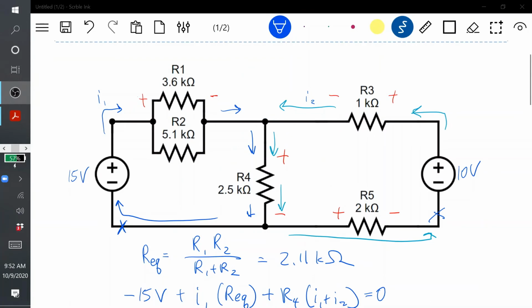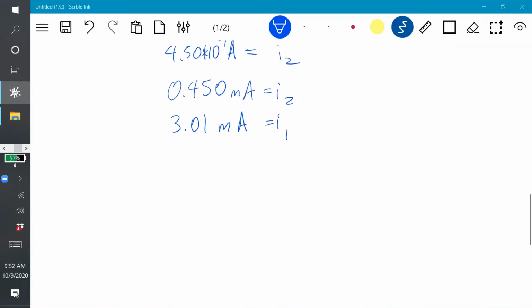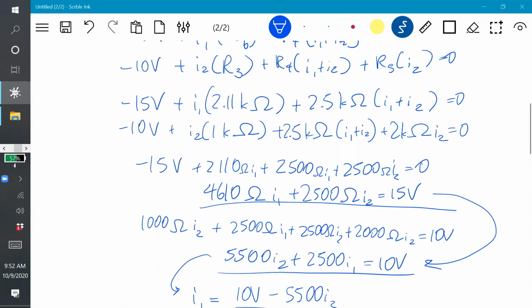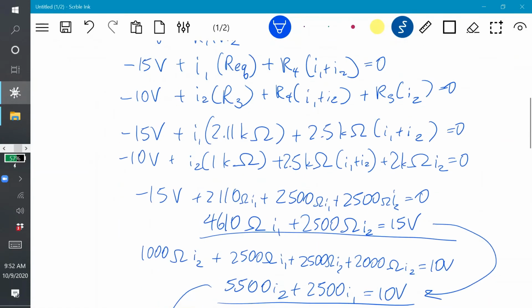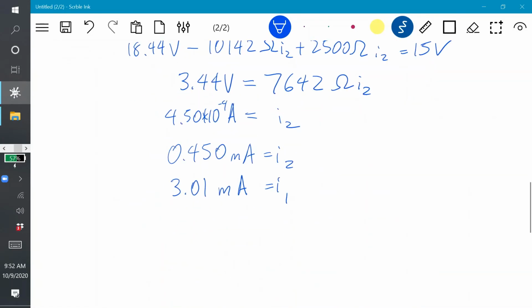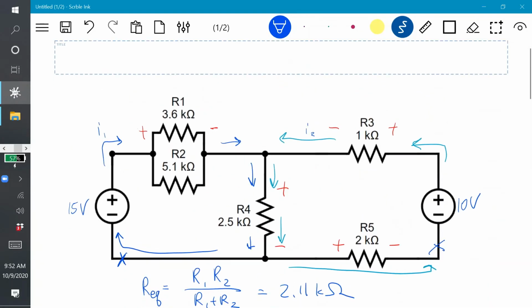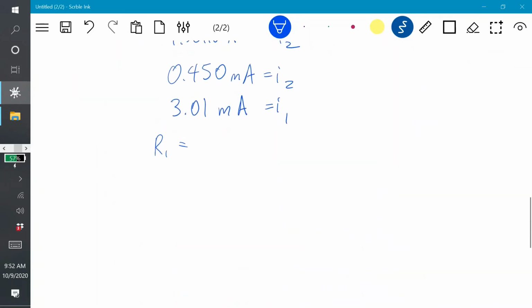And let's just, for good measure, figure out the current running through R1 and R2 individually. So we know that I1 is equal to 3.01 milliamps. So current division: what is the current running through R1? R1 is 3.6 kilo ohms, and R2 is 5.1. So let's just note those down.